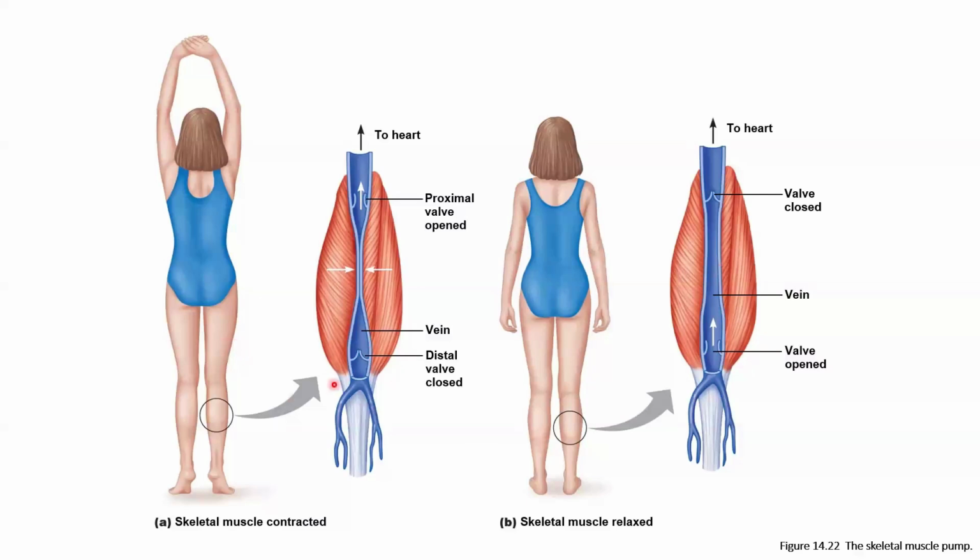And then we're going to close this preceding valve and move the blood along. So this somewhat acts like peristalsis. Peristalsis happens in your gut, in your GI tract, and that is what keeps the food moving in one direction. So a similar phenomenon happens here with the skeletal muscle and the valves to create this skeletal muscle pump that moves the blood in one direction.